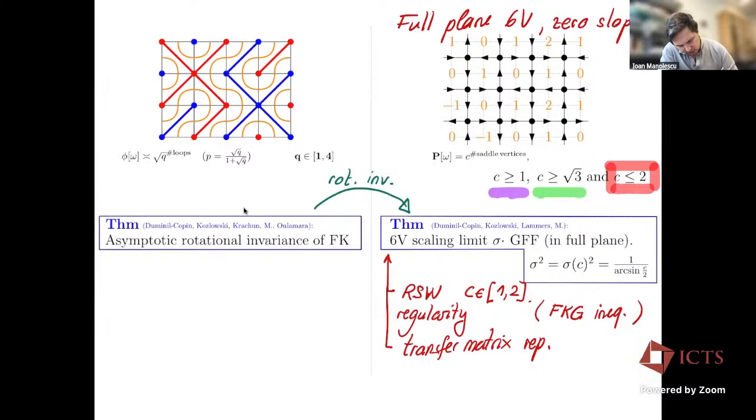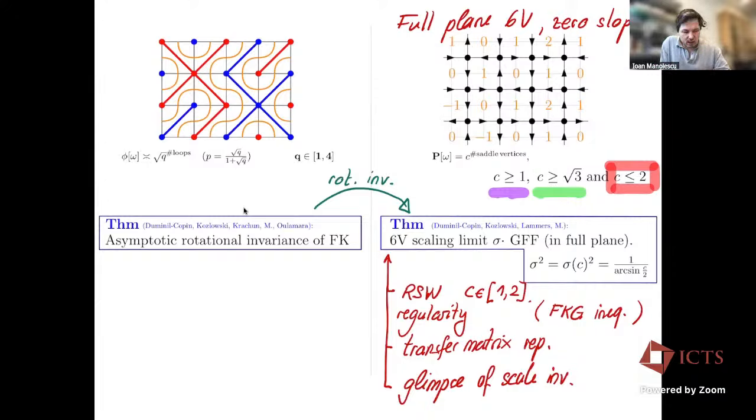And finally, another important element is some indication of scale invariance. Meaning there's some sort of indication that if you have a scaling limit or subsequential scaling limit, it should be invariant under rescaling.